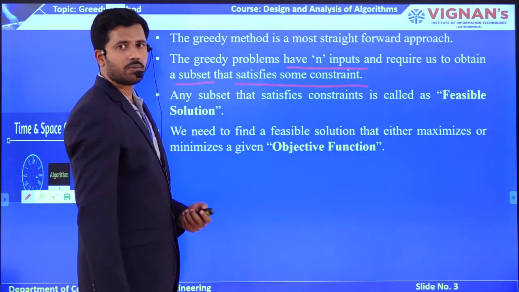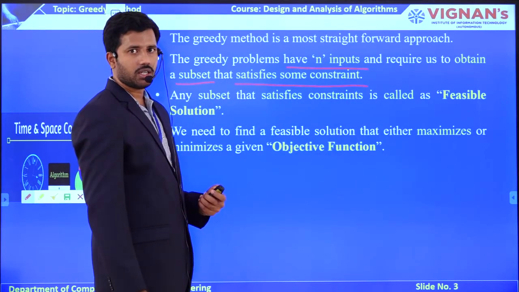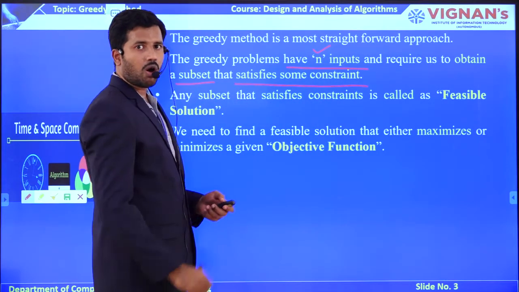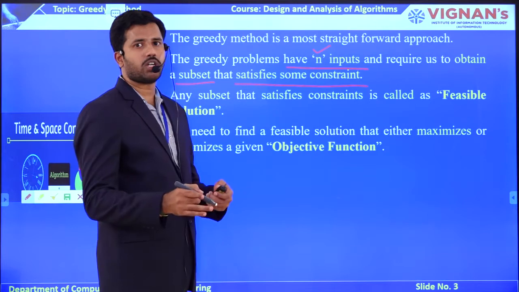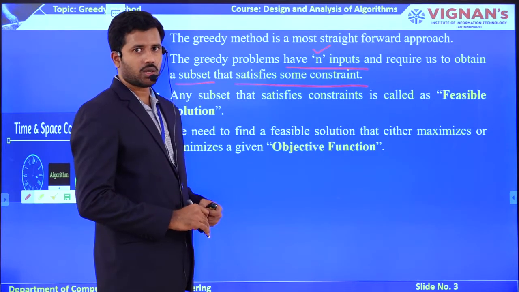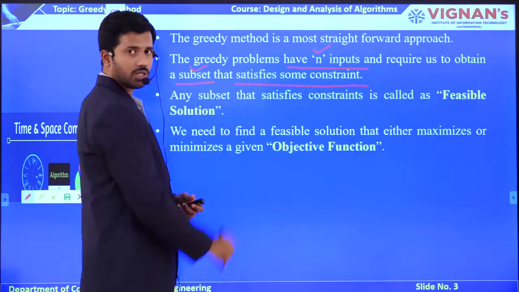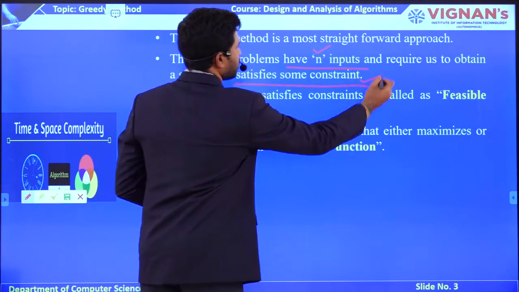To solve every problem, you have some constraints, right? There are n number of possibilities, but not all of those possibilities are going to generate solutions, right? So among n number of inputs, you have a subset of solutions which satisfies your constraints.